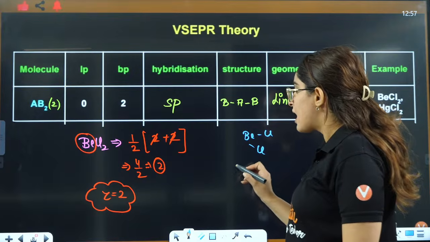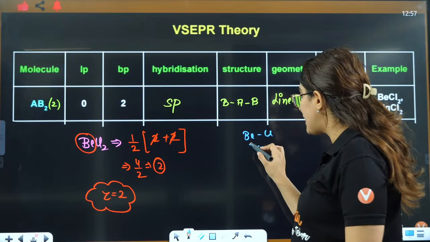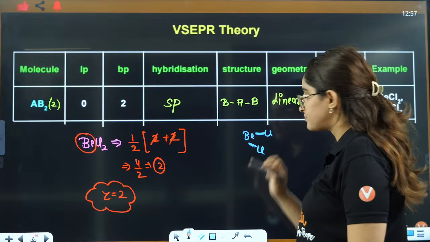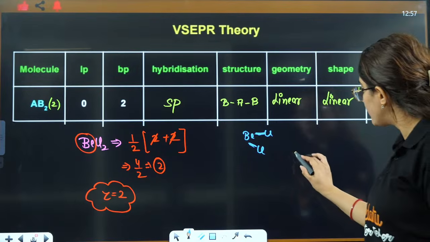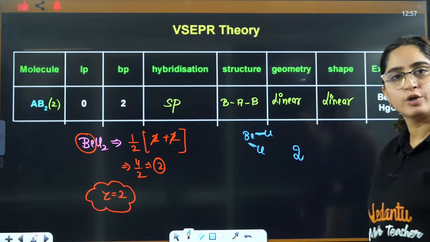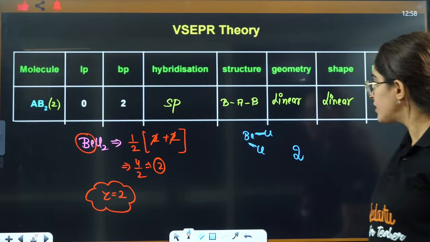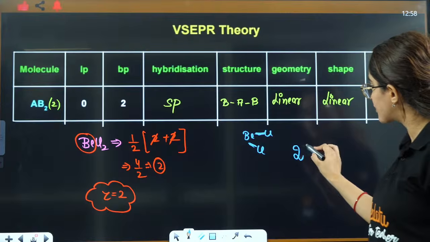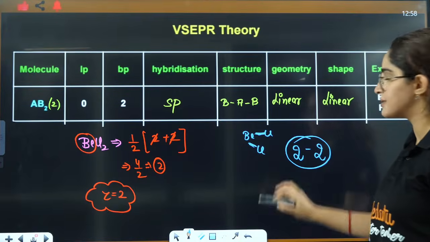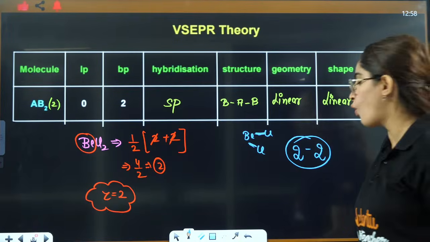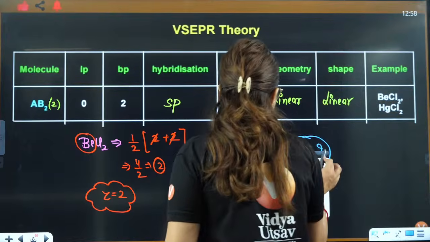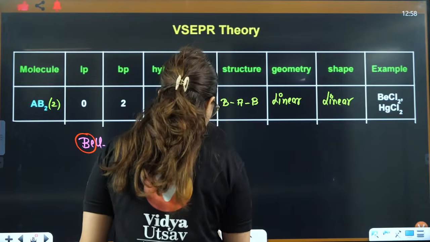That means you will have 2 bond pairs. Of the 2 valence electrons, both are busy making bond pairs. That means there is 0 lone pair available here, right?